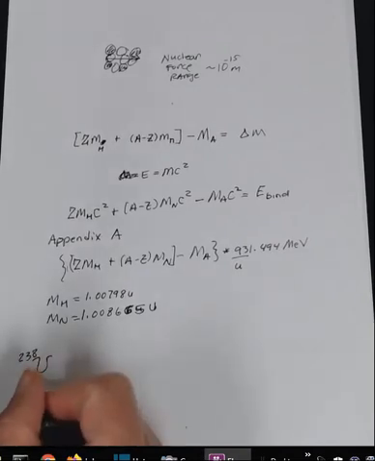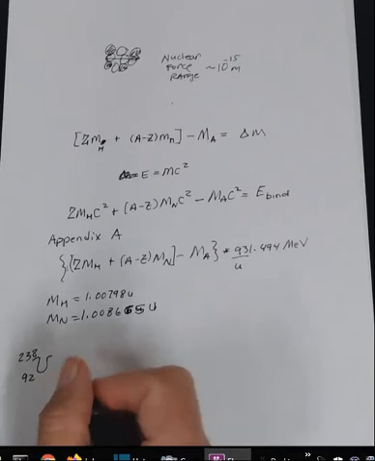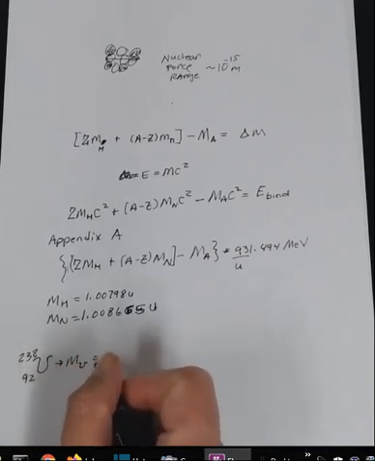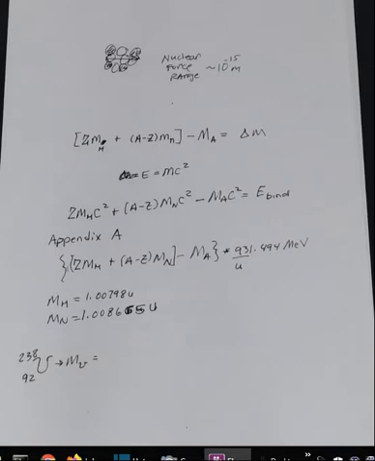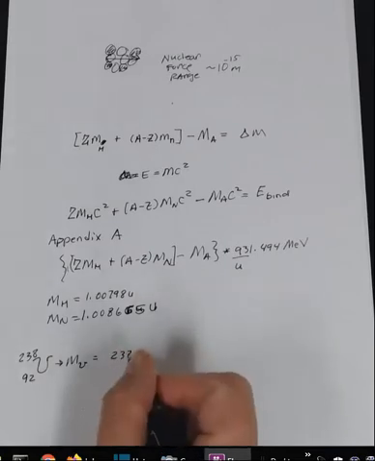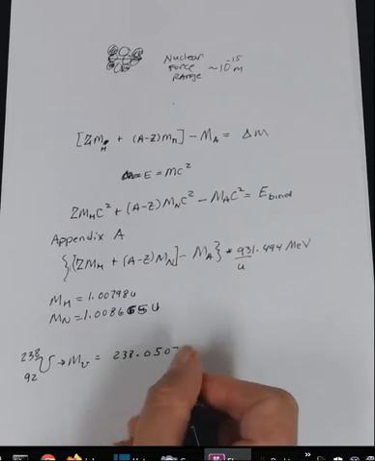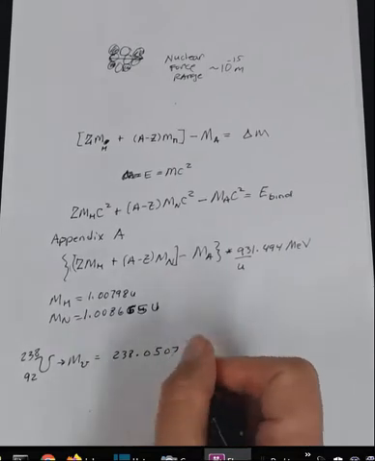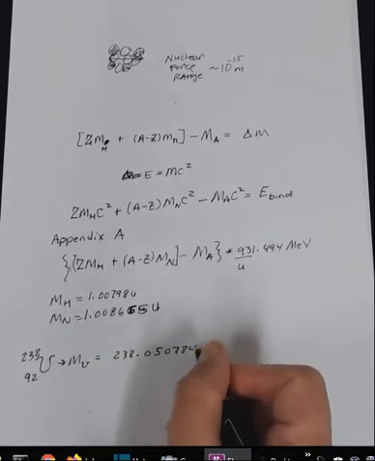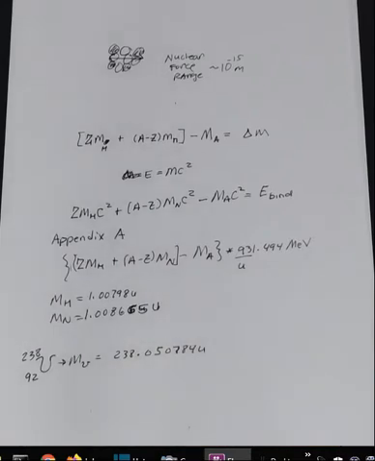The atomic number for uranium is 92. The mass of this, according to your book, is 238.050784. That's the most common isotope of uranium.